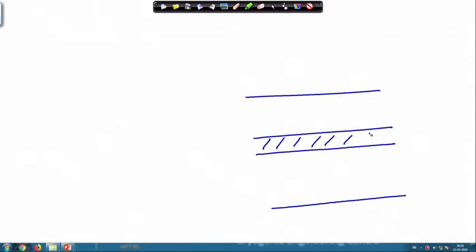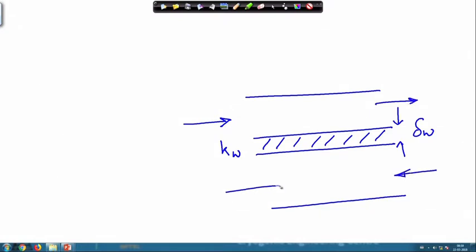Say this is the separating wall, the thickness of the separating wall may be delta W, and its thermal conductivity may be K W, and we had some hot fluid coming in and moving out, cold fluid moving in, cold fluid moving out. So, there is heat transfer from the hot to the cold fluid.